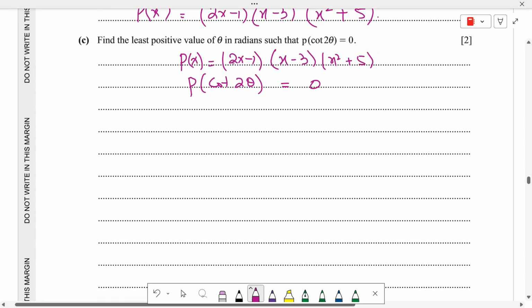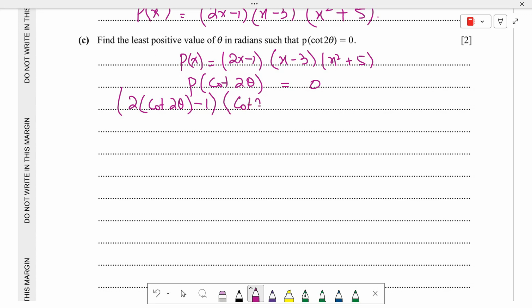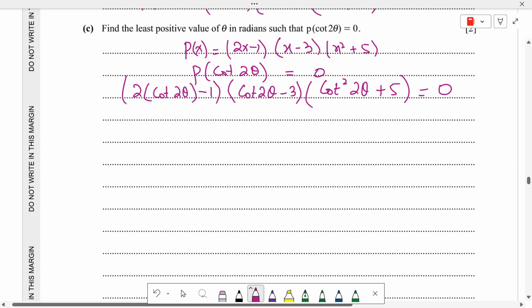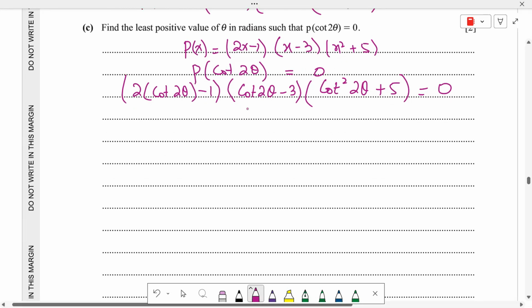So the factorized form will become 2 times cot 2 theta minus 1, the first factor. The second factor is cot 2 theta minus 3, and x square means cot square 2 theta, plus 5, is equal to 0. We have three factors equating to 0, and we need to find theta, so we will equate each factor with 0.